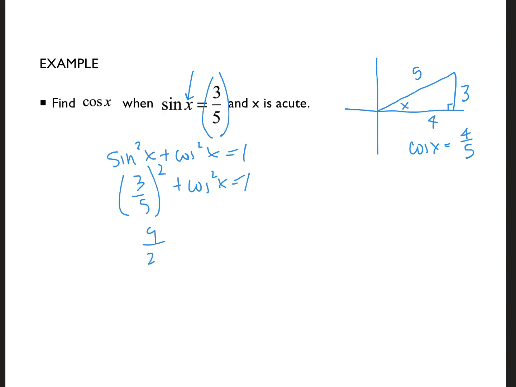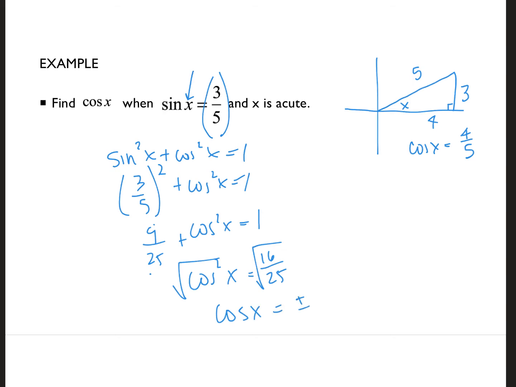This is 9/25 plus the cosine squared equals 1. If I move the 9/25 to the other side and subtract with a common denominator, I get 16/25. Now notice when you take the square root, you'll get 2 answers. It's plus or minus 4/5.